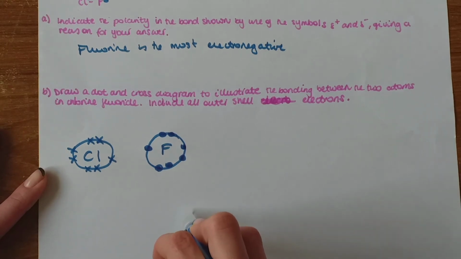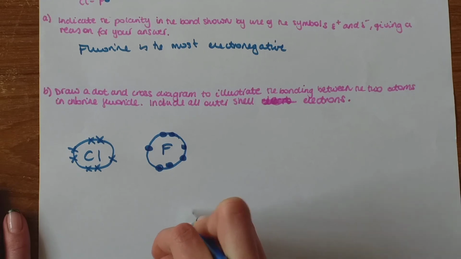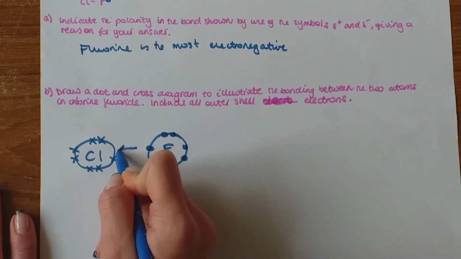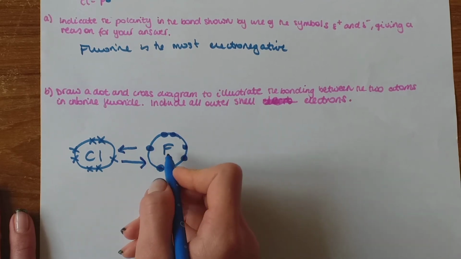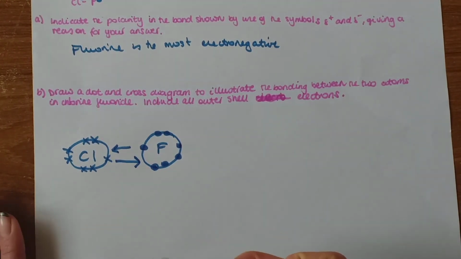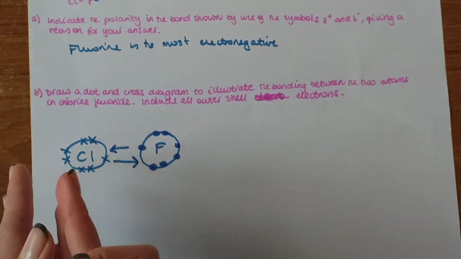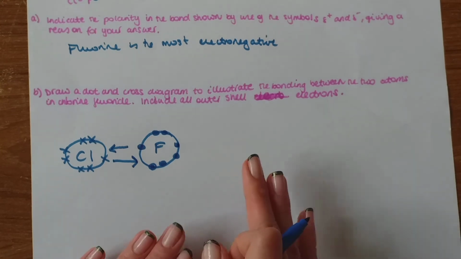However, fluorine will donate 1 to chlorine and chlorine will donate 1 to fluorine. So they're not actually going to donate them, but they're just going to share them, so that both fluorine and chlorine are happy. They're both going to be stable. They're both going to have 8 electrons in the outer shell.